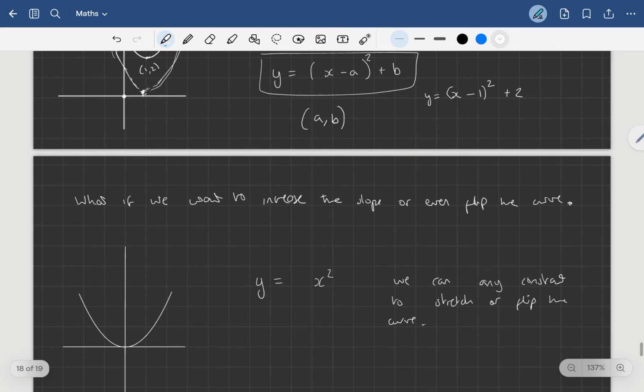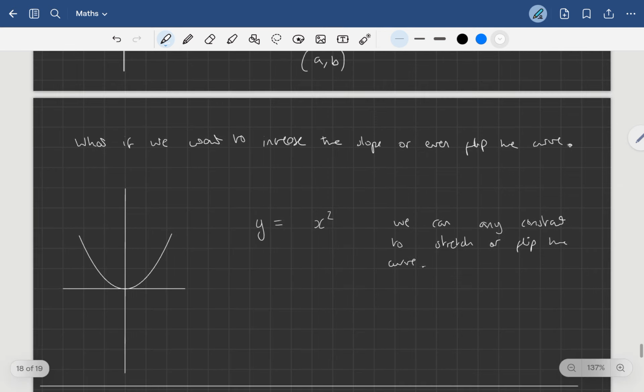What if we want to increase the slope or even flip the curve? What we could do is multiply the values. Say if we want to increase the slopiness, so instead of like this, you get something that looks like that.